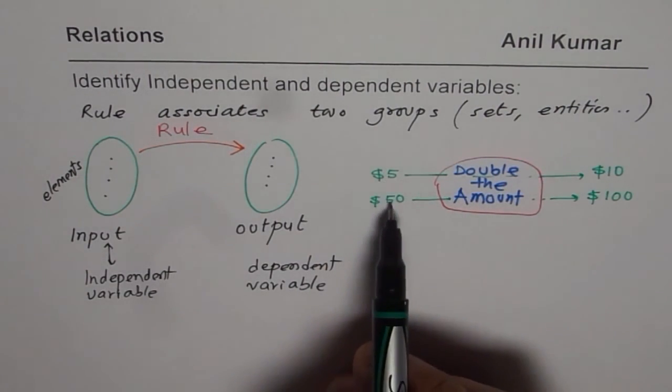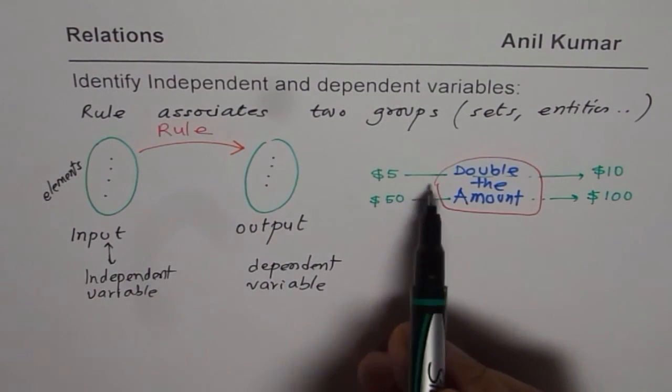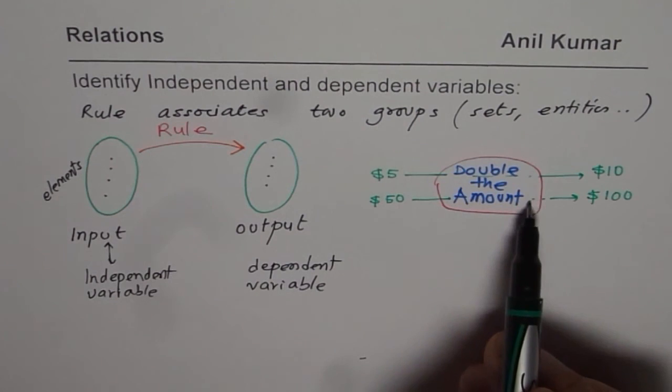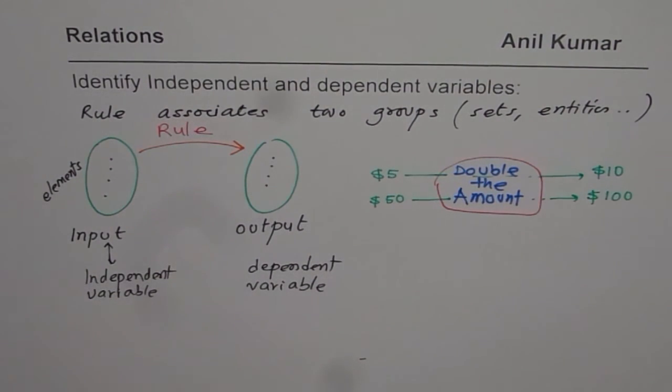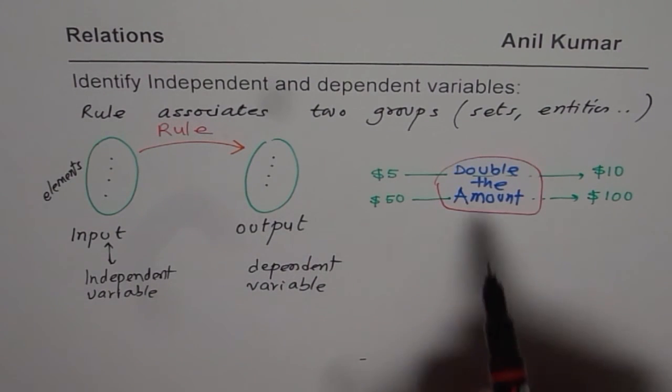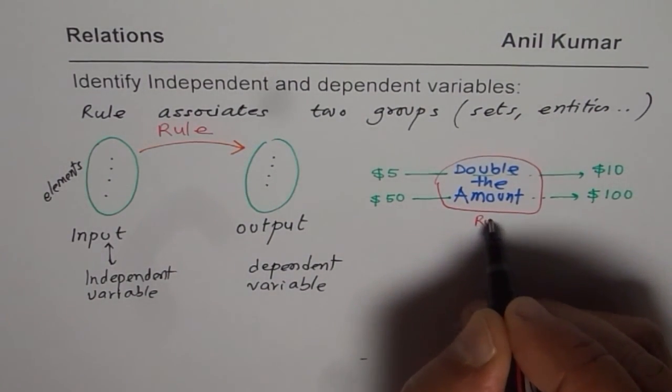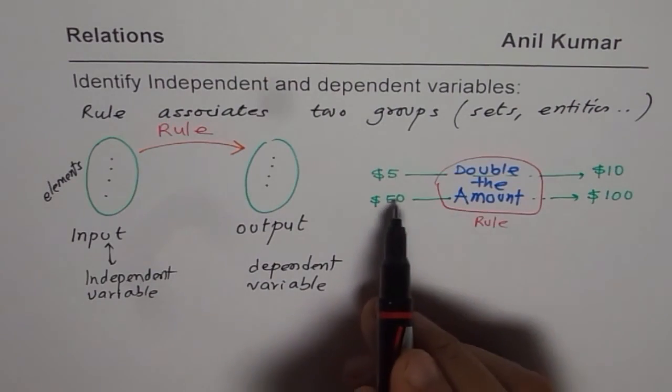Now here, whatever you feed in is independent. You could feed in anything to this machine in dollars, and what you get is just the double of that amount. So double the amount. So that may be kind of easy for you to remember how independent and dependent variables are related in case of relations. And something in between, and that something is the rule for us, connects input with output.